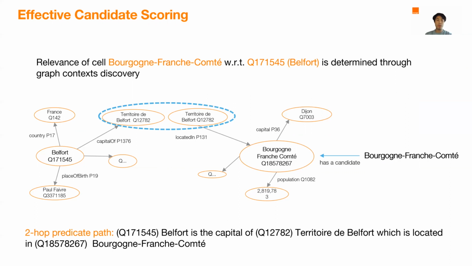In this case, we have a 2-hop predicate path: Band 4 is the capital of a territory, which is located in Foregone From Context. Intuitively, by subgraph intersection, we already expand the graph of an entity. This includes not only direct nodes, but also indirect nodes that are 2 hops away from the entity.